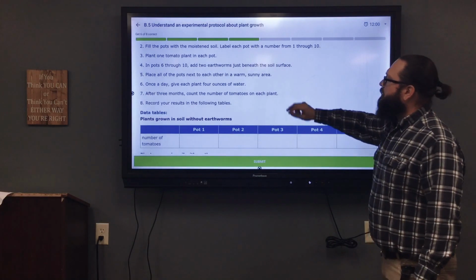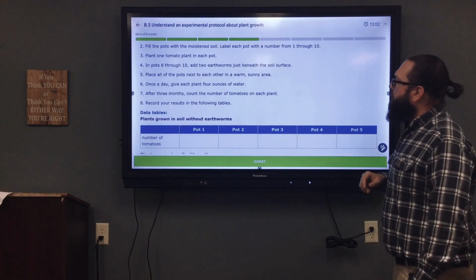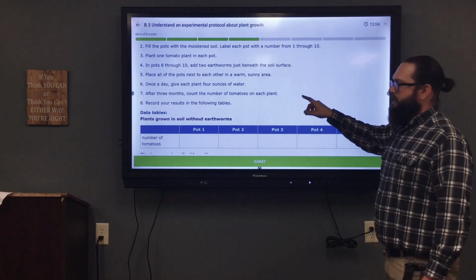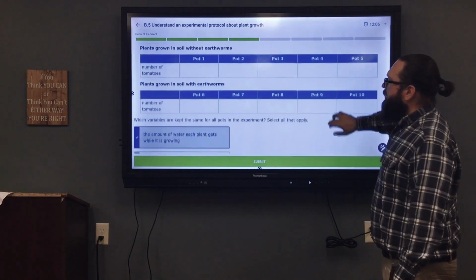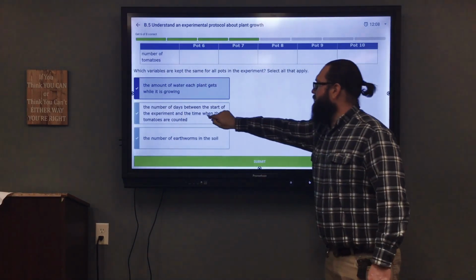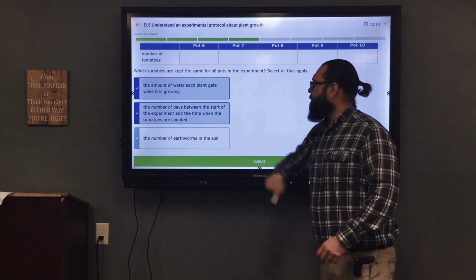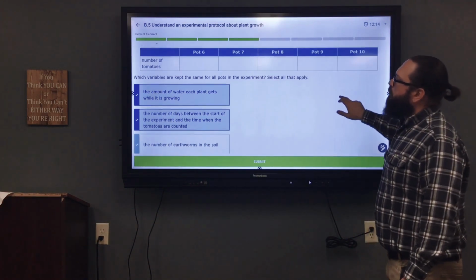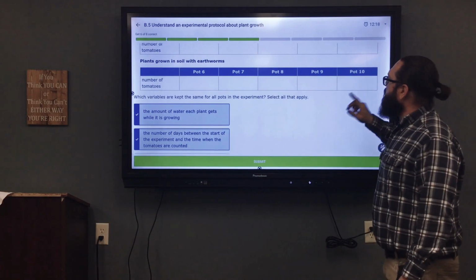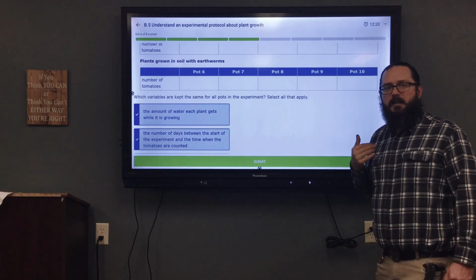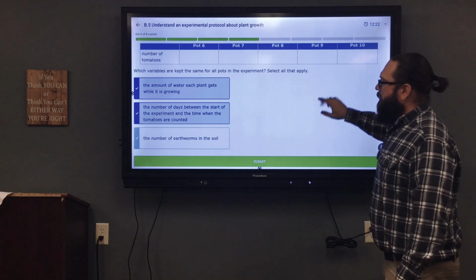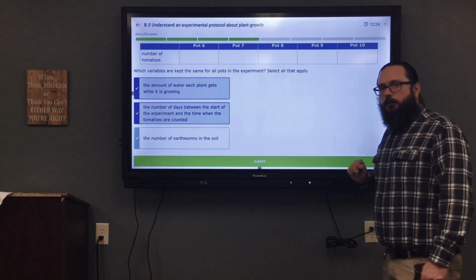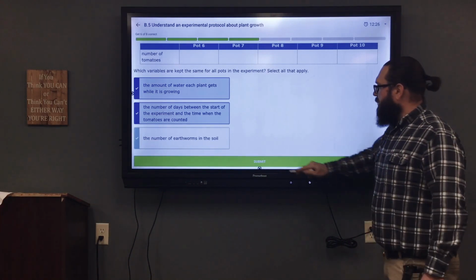Once again, if you look at step 7, after 3 months, count the number of tomatoes on each plant. So that variable is the same. The number of earthworms in the soil. Well, earthworms are only put in pots 6 through 10, not pots 1 through 5. That is a different variable for the pots.